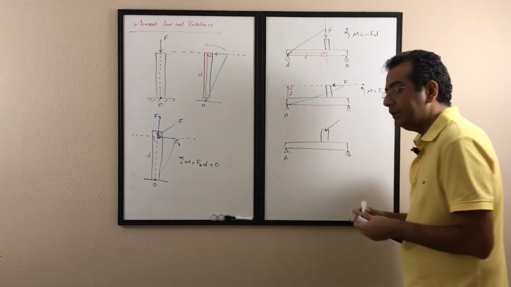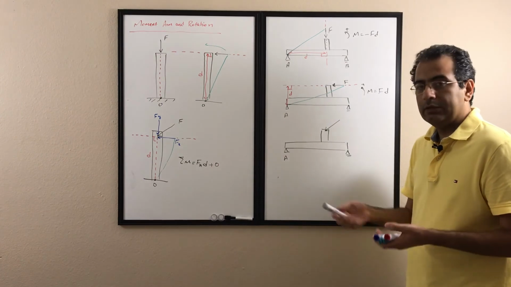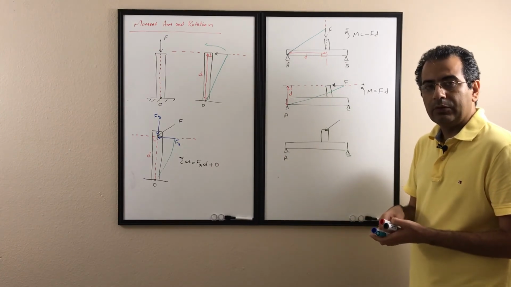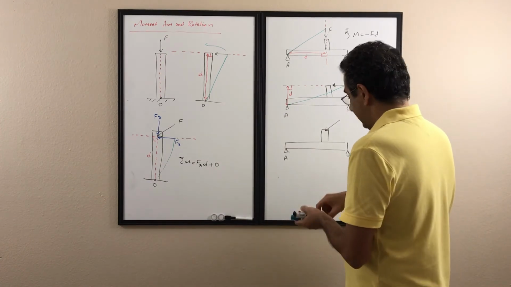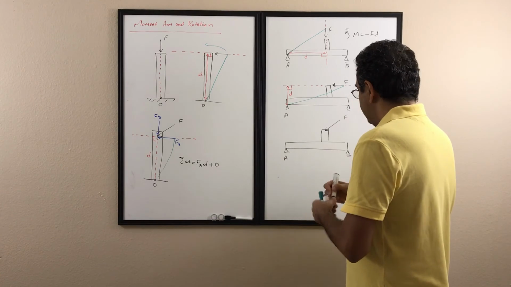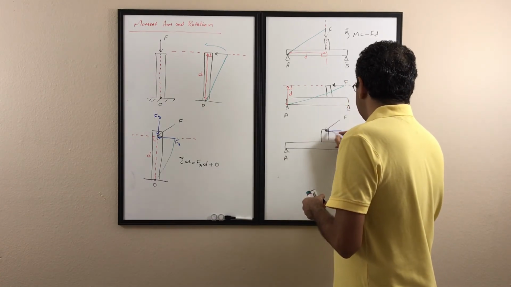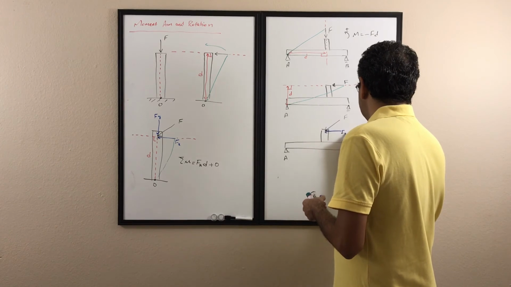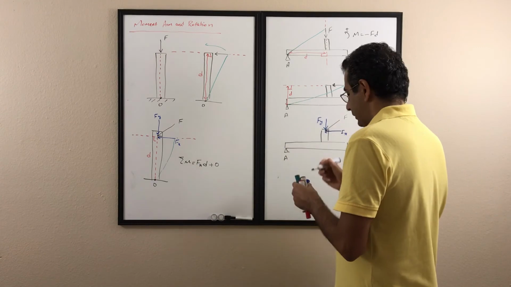In 2D, anytime your force is not parallel to the X and Y axes, just find the X and Y components of your force. So if this is the F, the X component is going to be Fx, and that's going to be Fy.